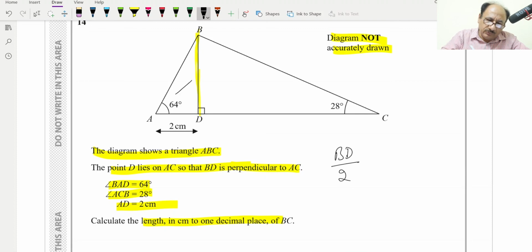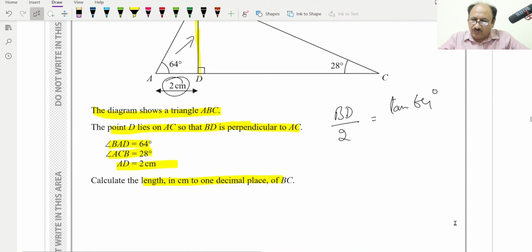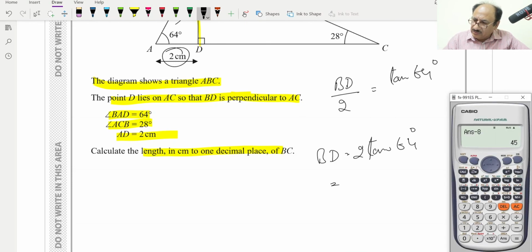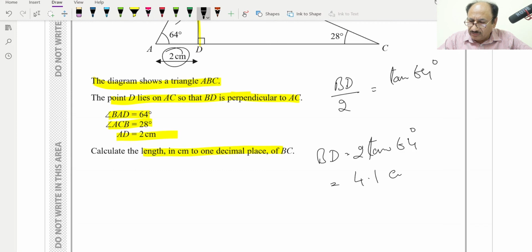So it will be opposite over adjacent is equal to tan of 64 degrees, and tan of 64 degrees means what? BD is equal to 2 tan of 64 degrees. Your calculator should be in degree mode, and this is 4.100. So we will write 4.1 centimeters.